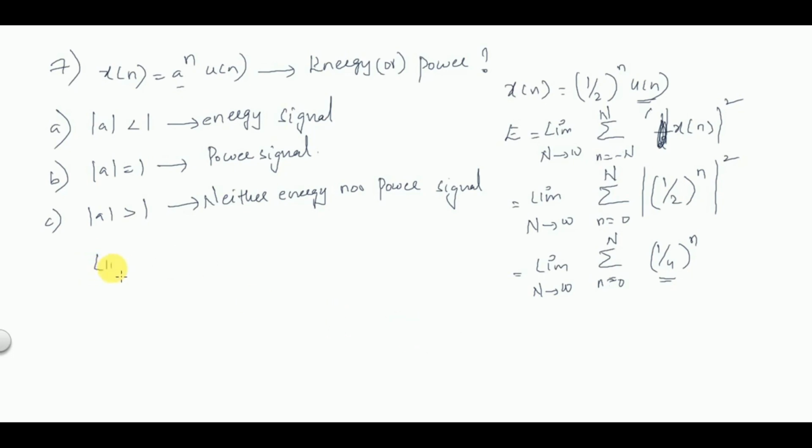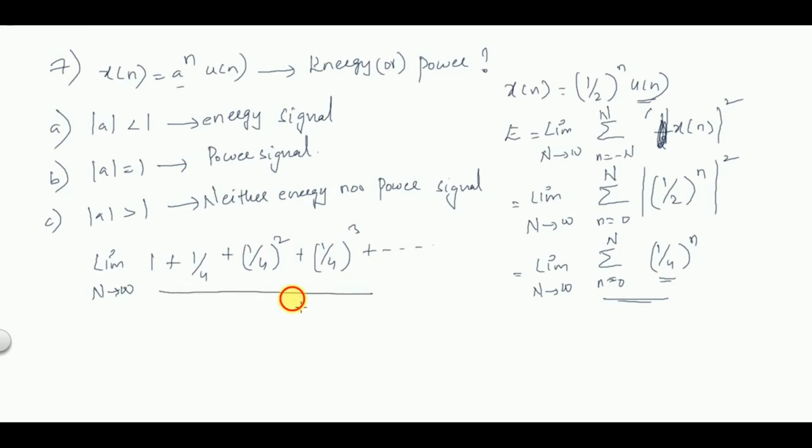Now what will be this value? If you expand this series, 1 plus 1 by 4 plus 1 by 4 whole square plus 1 by 4 whole cube and so on. This is a geometric progression whose first term is 1 and common ratio is 1 by 4.